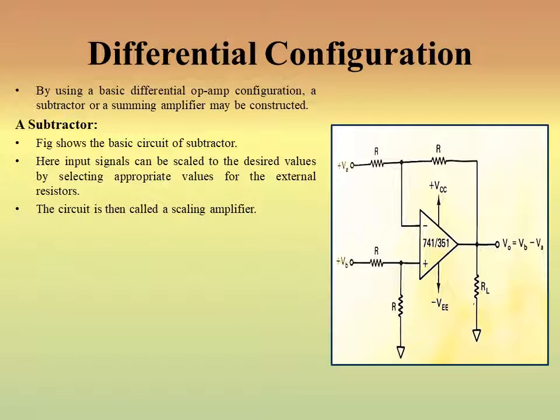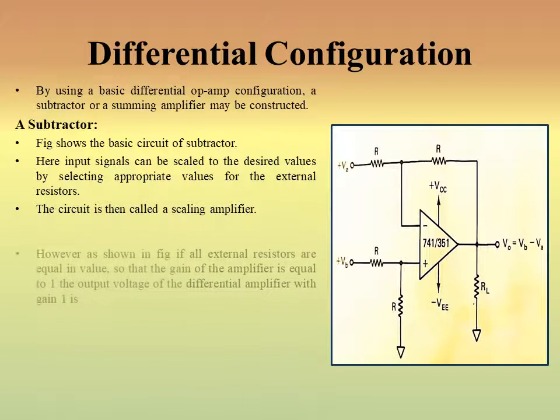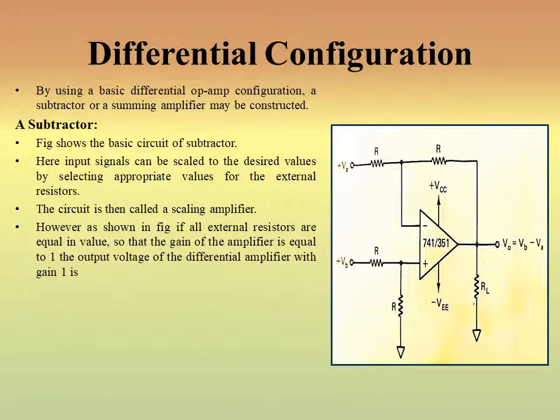Now if we are using different values of R, then it can act as a scaling amplifier. Here in this figure, all external resistors are equal in value, so the gain of the amplifier is equal to 1. The output voltage of the differential amplifier we will calculate in the coming equation.